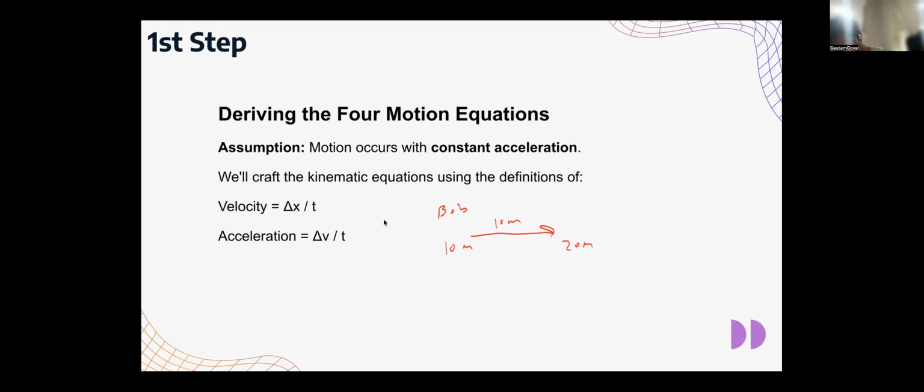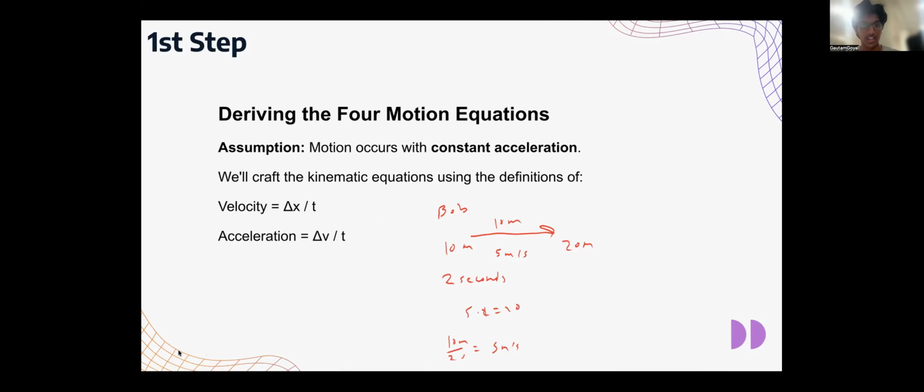If he's covering that much distance in 2 seconds, he is averaging a constant velocity of 5 meters per second, right? Because 10 meters over 2 seconds is equal to 5 meters per second, as 5 meters per second times 2 seconds is equal to 10 meters. This is interchangeable, right?